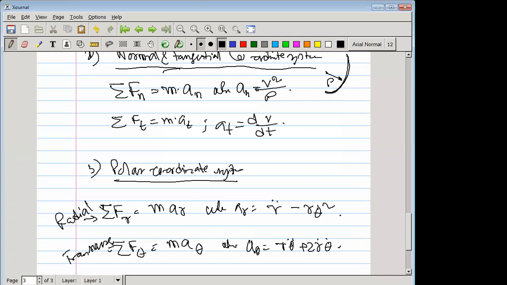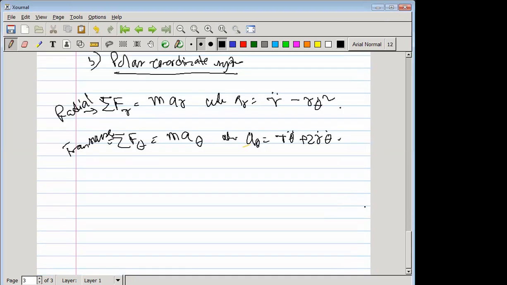Should I continue? Because the next portion is the direct application of what I have just taught, and then the work and energy part, where you have to understand things a little bit more. So before that, this basic idea you have to know. That's why I'm asking. Otherwise, I shall move forward. Okay, then I shall move forward.